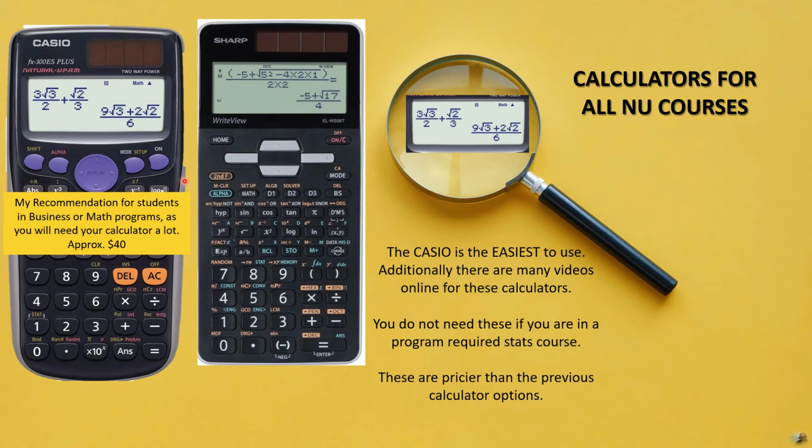They're not programmable. They're still just scientific calculators, and these types of calculators are allowed in your courses. I recommend this Casio. It's approximately $40. The reason I recommend it is that it's the easiest to use. It's very user-friendly.